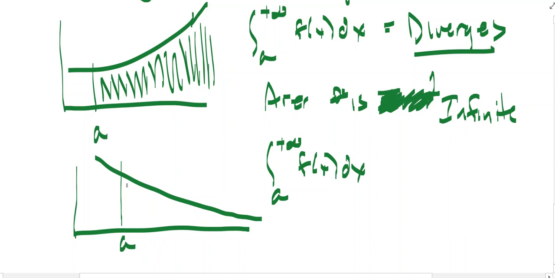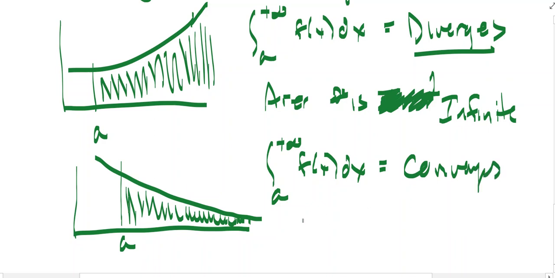But in this particular case, the area under the curve is getting smaller and smaller. And if there is a finite area, we would say that this converges. So to converge means that the area is finite, which means there is an exact area under the curve.